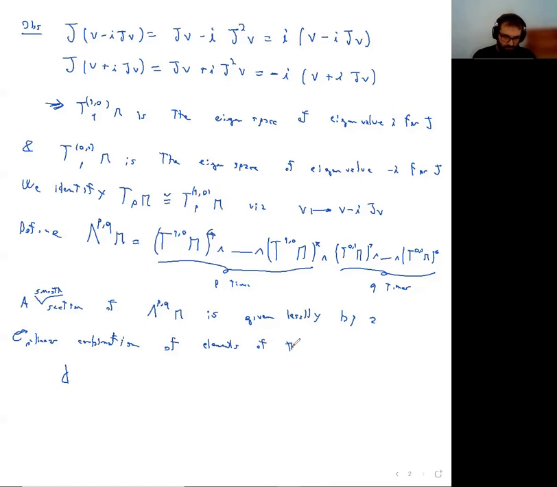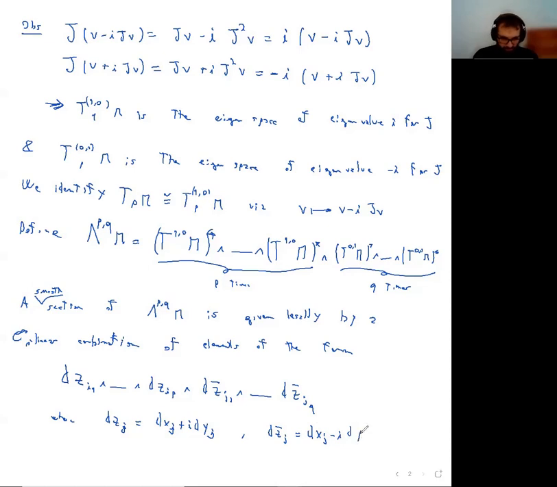Elements of the form dz_i1 wedge ... wedge dz_ip wedge dz bar j1 wedge ... wedge dz bar jq, where of course dz_i is dx_i plus i dy_i, and dz bar j is dx_j minus i dy_j.